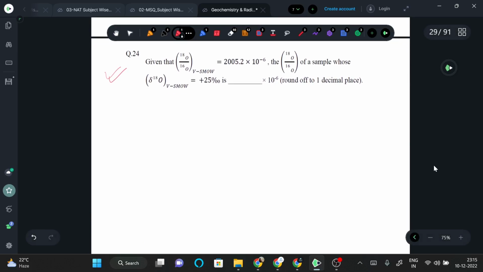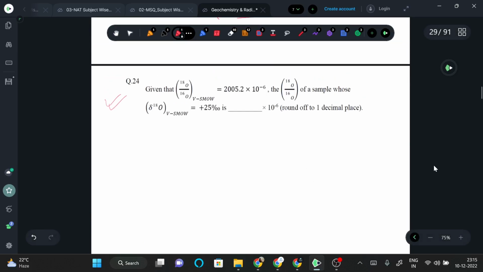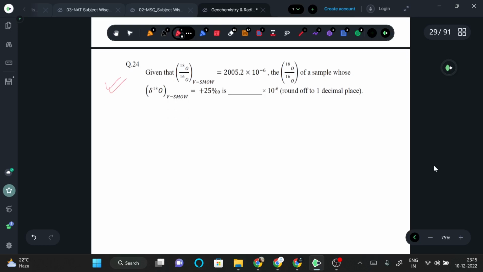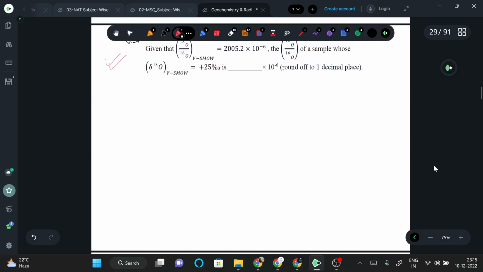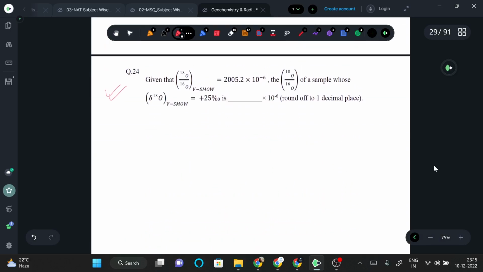So here again we have a typical geochemistry question. This is actually from isotopes, so this involves isotopic calculation. What do we have here?